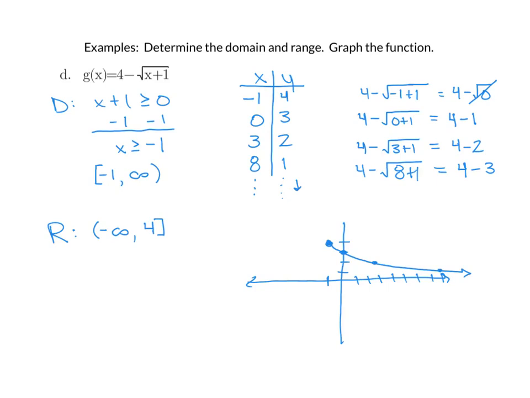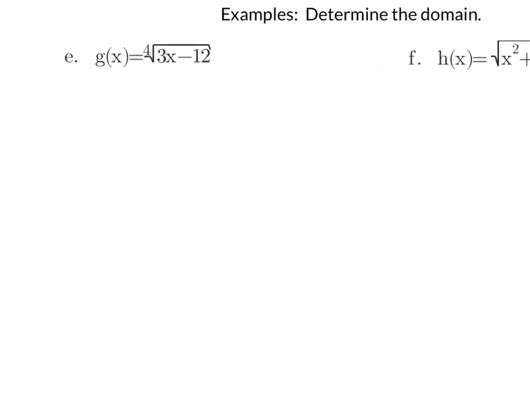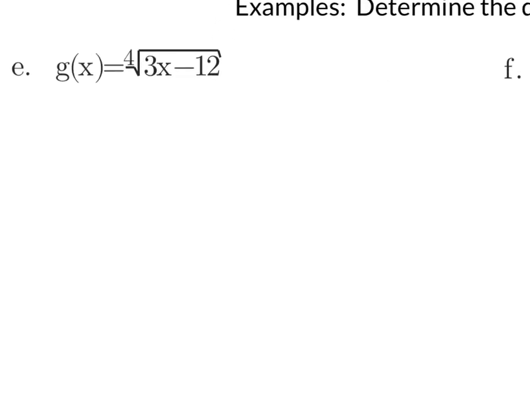Let's go ahead and look at a couple other examples now. For this one, we just want to determine the domain. So the first one we're going to look at is the fourth root of 3x minus 12. And so just like with square roots, all we care about is the inside thing greater than or equal to 0. We can add 12 to both sides.